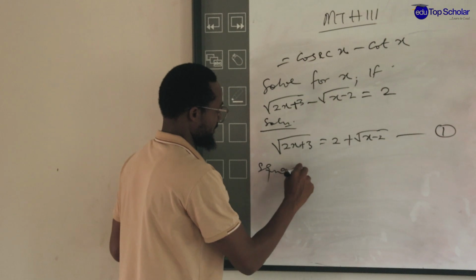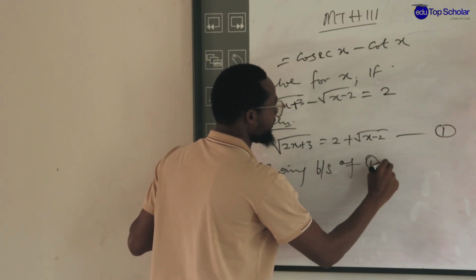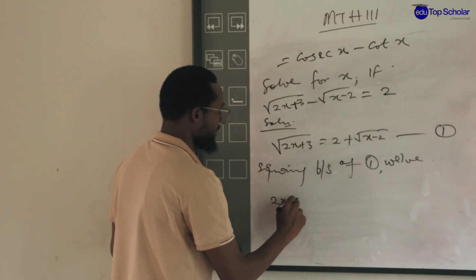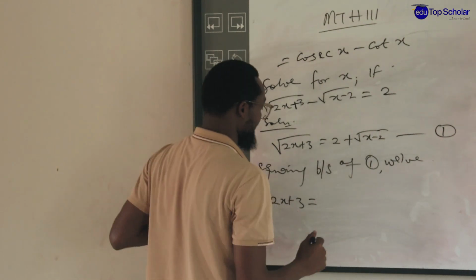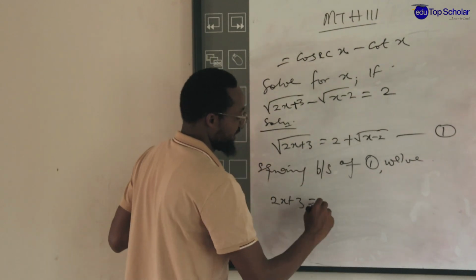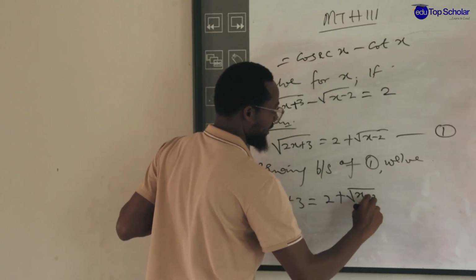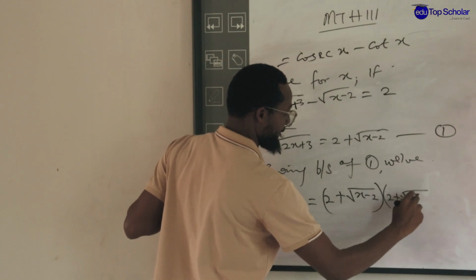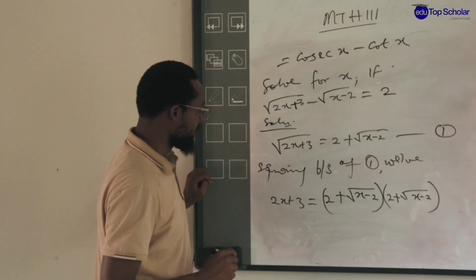Squaring both sides of equation 1, this will give me 2x plus 3, which equals, if I want to square this, that means I'm multiplying it by itself. Let's take it out together, to reduce the number of questions we are going to have.